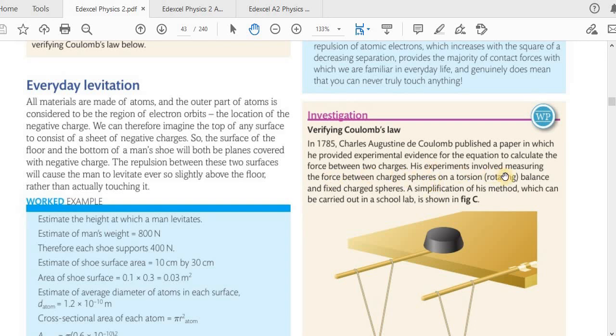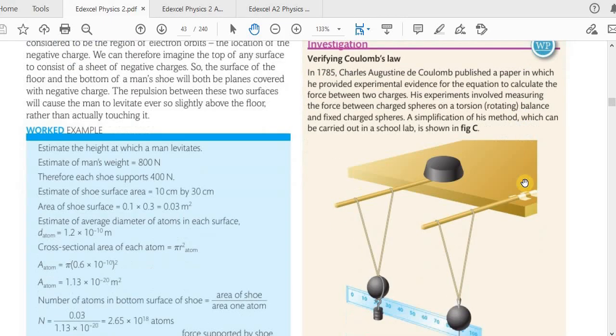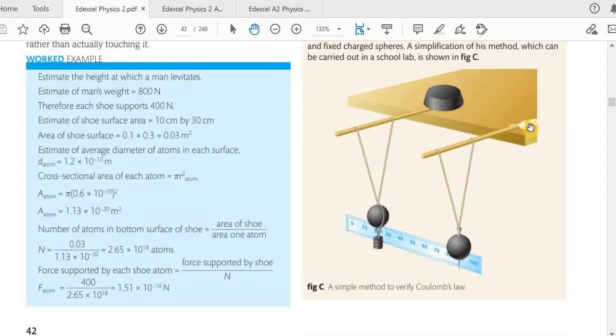His experiments involved measuring the force between charged spheres on a torsion or rotating balance and fixed charged spheres. A simplification of this method, which can be carried out in a school lab, is shown in figure C. Now you can see that here.